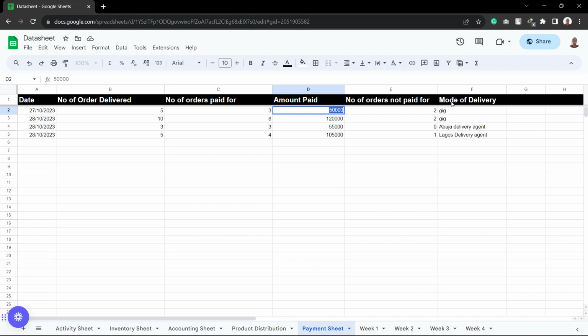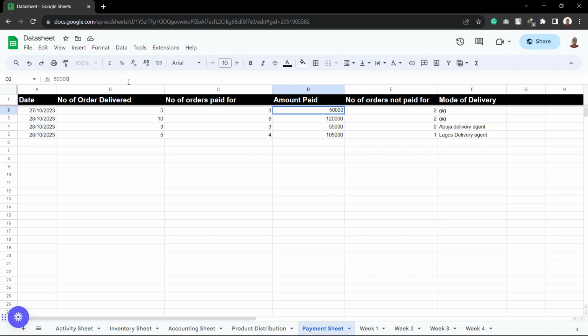The only time we will be done is when this amount of unpaid goes to zero. Let's say they made a payment of one extra product for 20,000. So that's going to be 70,000 now.